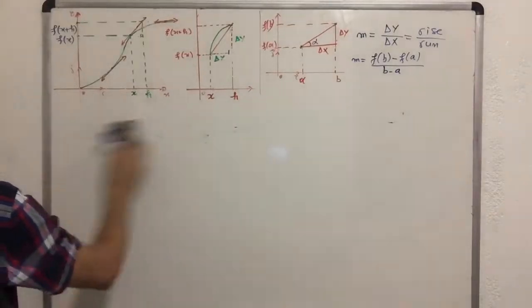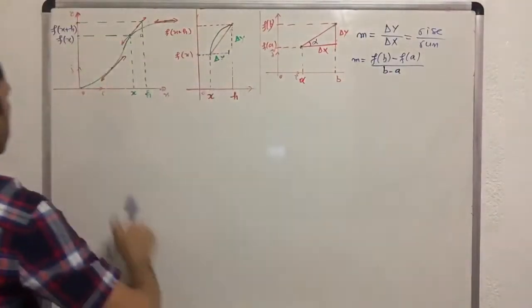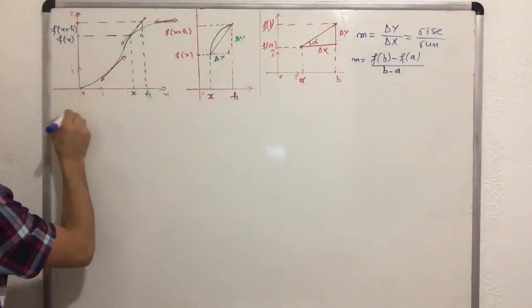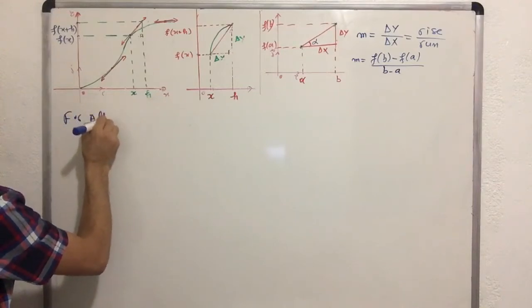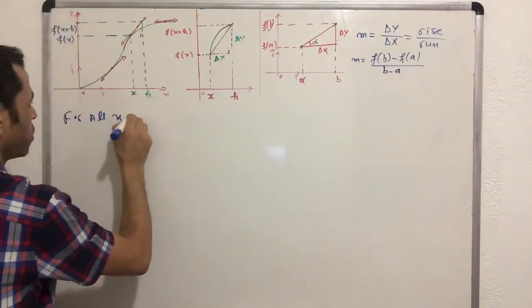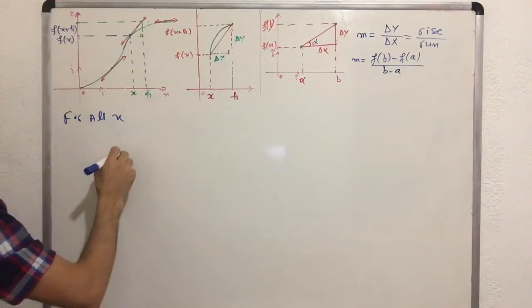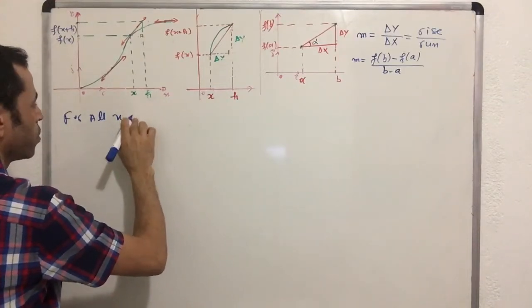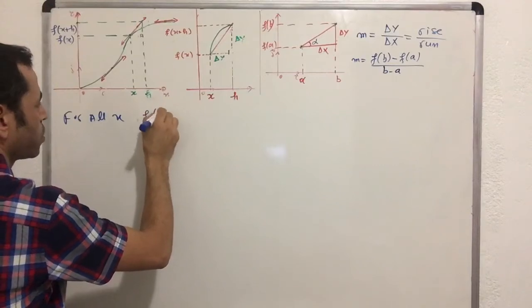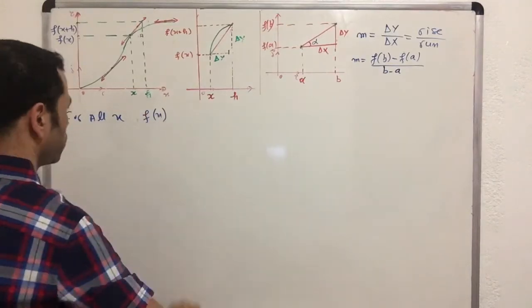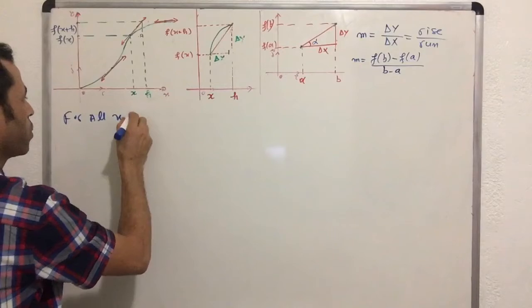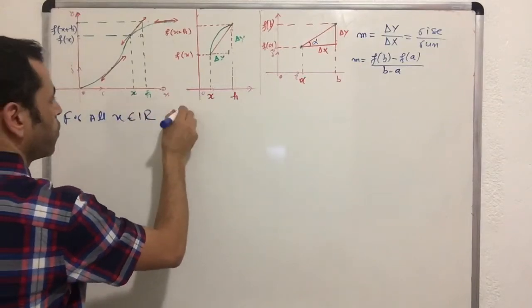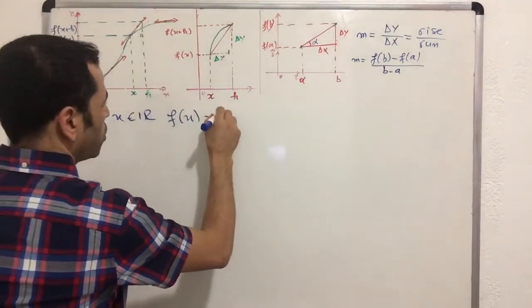Okay, first example: for all x, where x is a real number, f of x equals x squared.